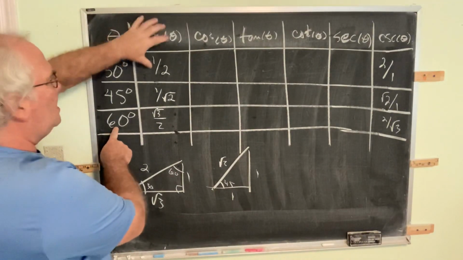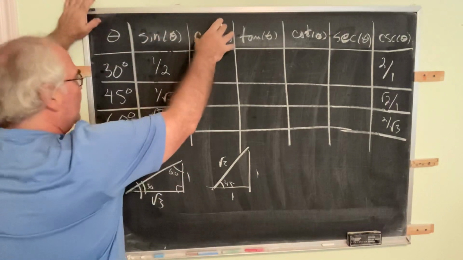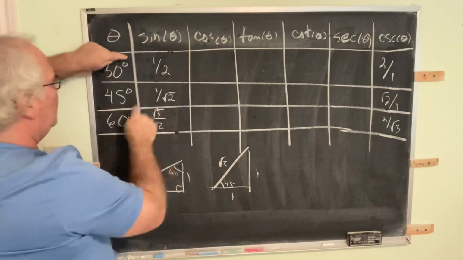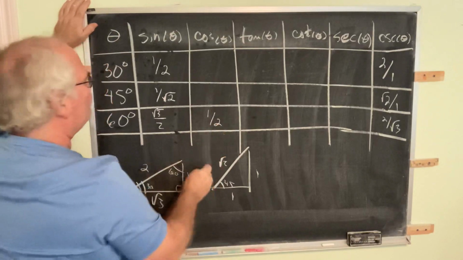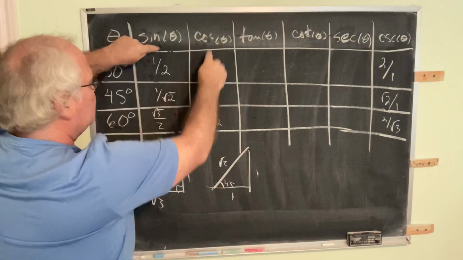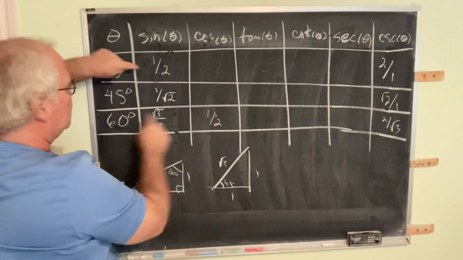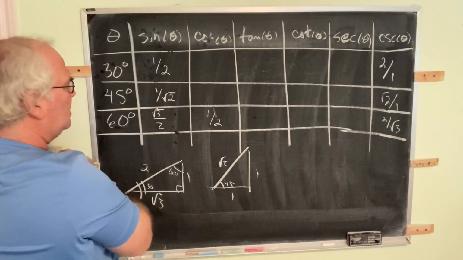And so we know that if we take sine of 30, that's the same thing as cosine of 60, because these are co-functions of complements, and so this must be 1/2.